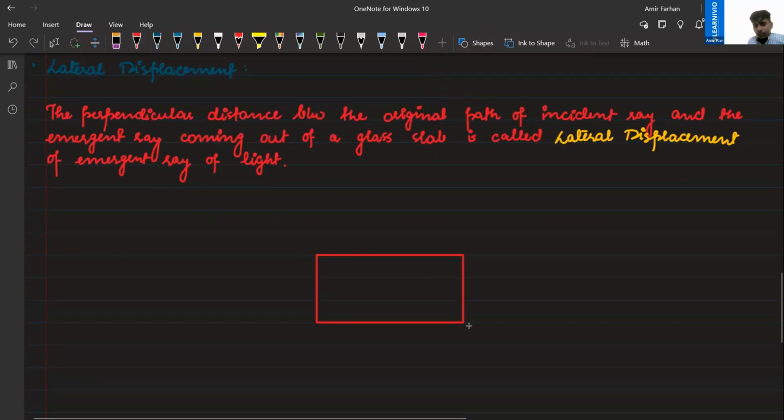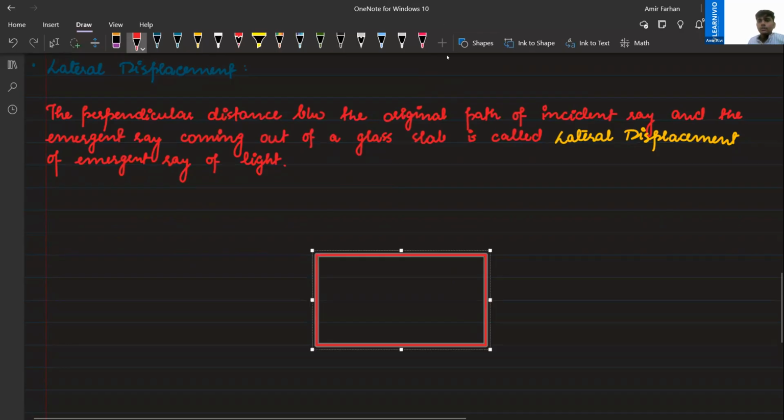Okay. Suppose that this is the glass slab. Okay. And the light ray is incident on this glass slab. Okay.